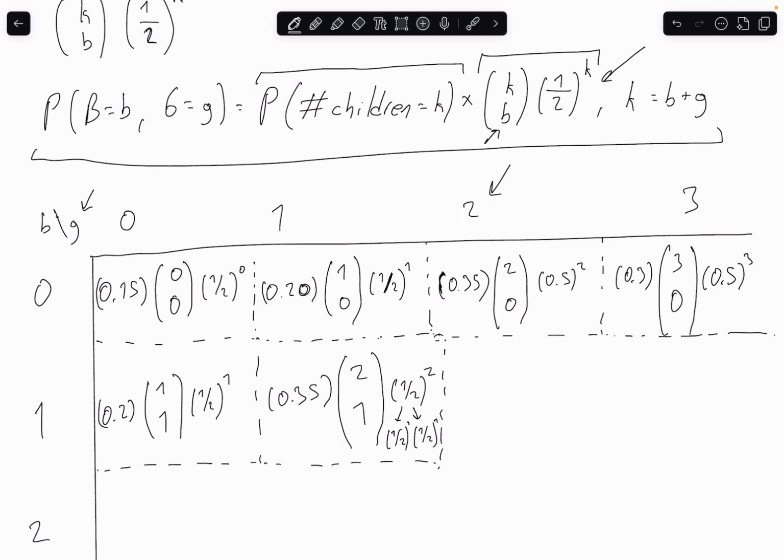In the upcoming part, we are going to have 3 children in total, and one of them is a boy. Probability of having 3 children is 30%. 0.3 multiplied by, we have 3 and one of them is a boy, and multiplied with this probability.